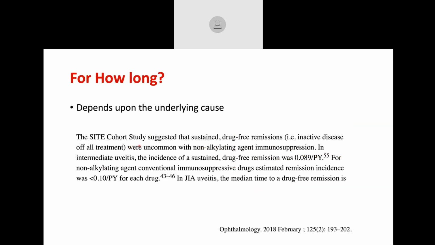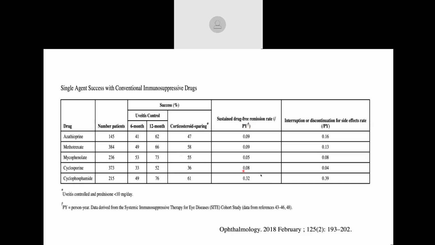And they also mentioned that these should never be treated with steroids alone. So this is what the EULAR guidelines recommend. So Behçet's is definitely one condition where you can consider using infliximab or even adalimumab upfront.